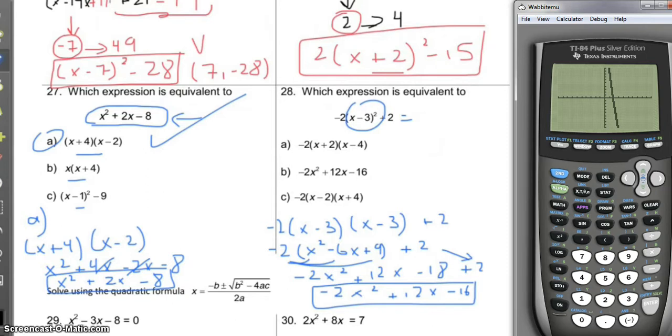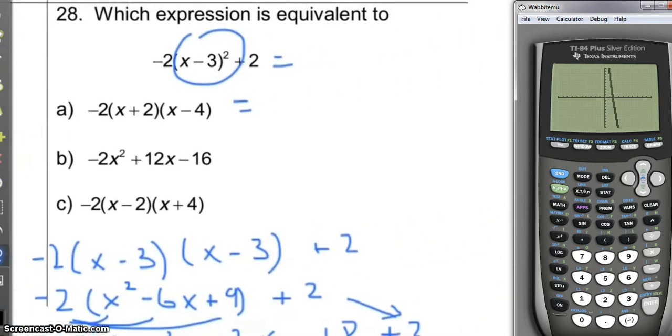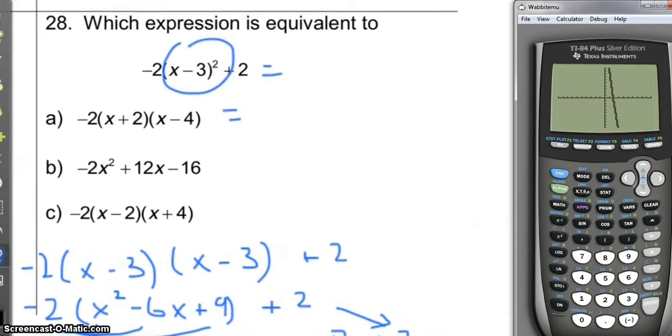Now let's look if A makes sense. Let me choose a different color and make this bigger so I can write. So let's do black. Let's FOIL those two. When you do that, you should get x squared minus 2x minus 8 on the inside. Now after you FOIL it, let's distribute the negative 2.